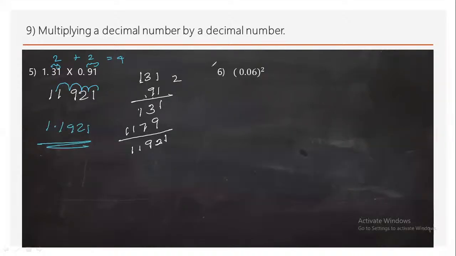Now, 0.06 into 0.06. You already know 6 times 6, right? 6 times 6, 36. Write the 36 here. Now count the decimal places here. 2 decimal places, 2 decimal places. Only multiplication we are doing, right?